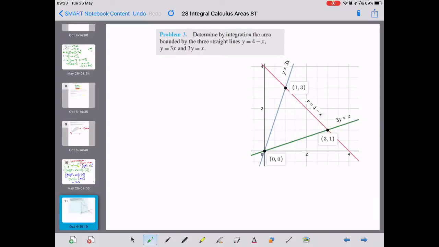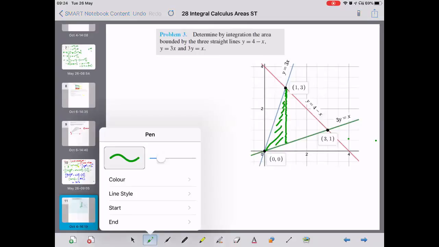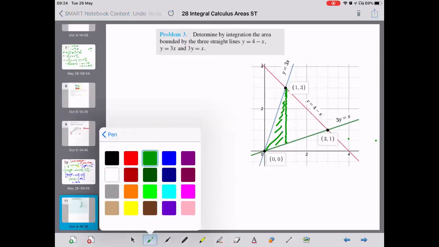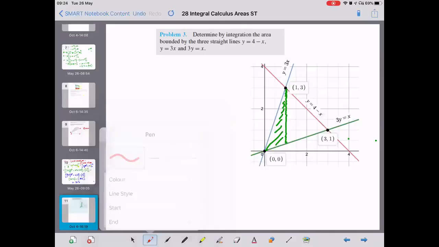if we wish to, by saying it's going to be this green area here plus this red area here.